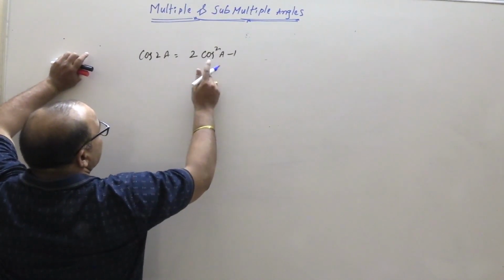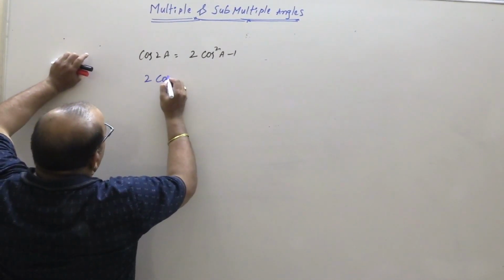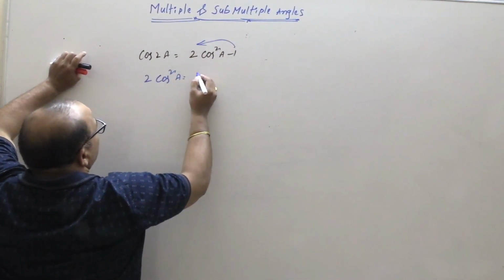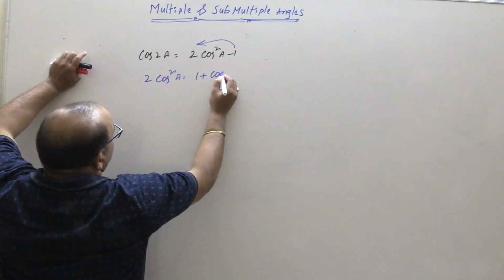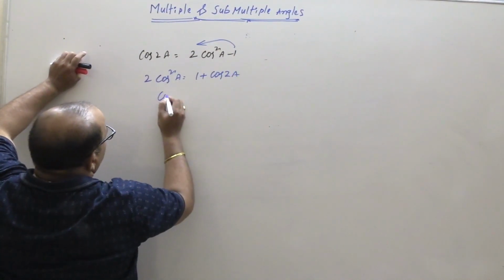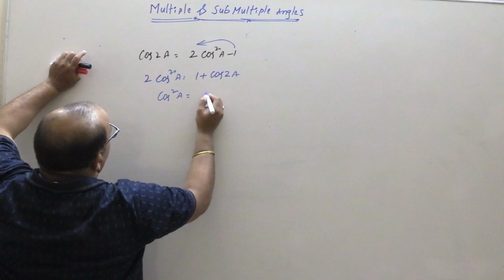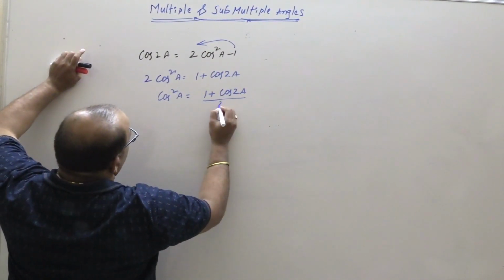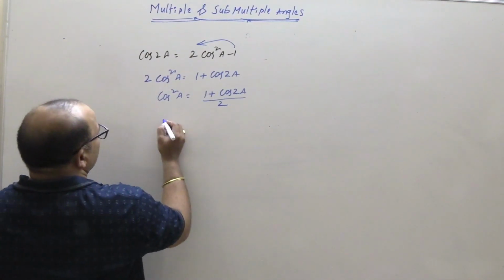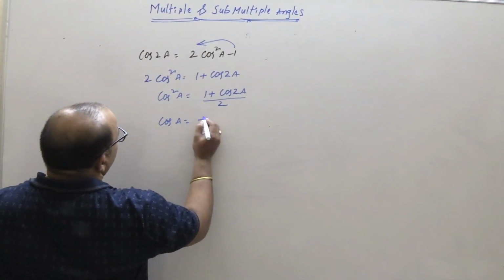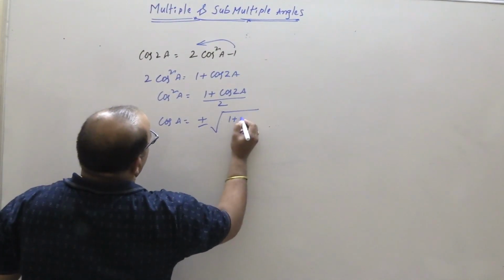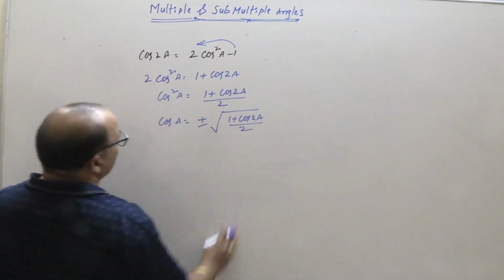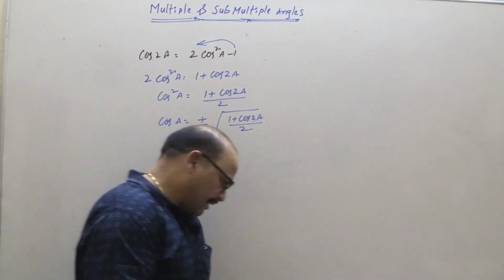Now, sending this side: 2 cos square a is equal to 1 plus cos 2a, transferring the minus 1 to this side. Cos square a is equal to 1 plus cos 2a by 2. So cos a is equal to plus or minus root of 1 plus cos 2a by 2. This is the most important formula for cos a.